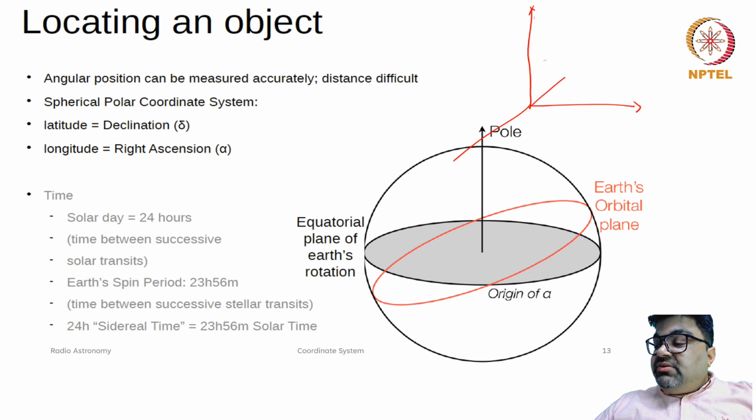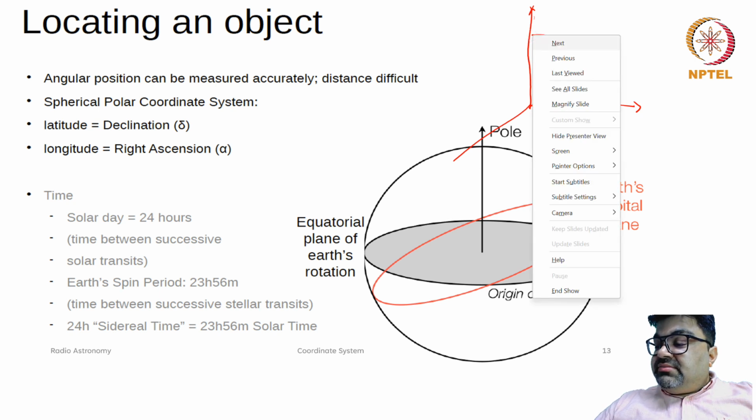So if I need to locate a point P on the celestial sphere, say it is going across.